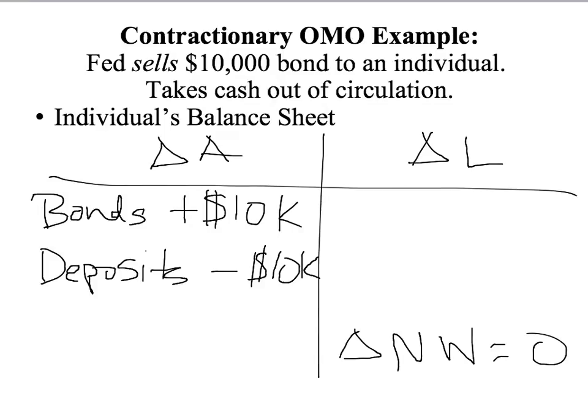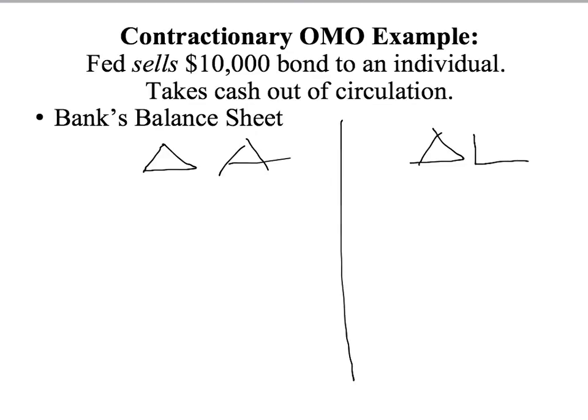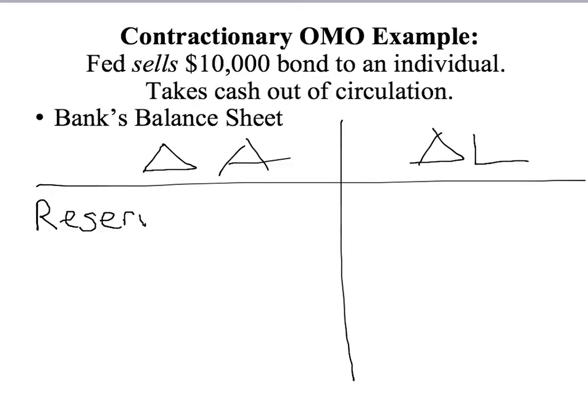So for the bank's balance sheet, we've got our change in assets and our change in liabilities. And what do we see? Because the individual took $10,000 out of her banking account, on the bank side, we see a change in reserves, and that change is negative $10,000. You can start thinking about what's going to happen already.